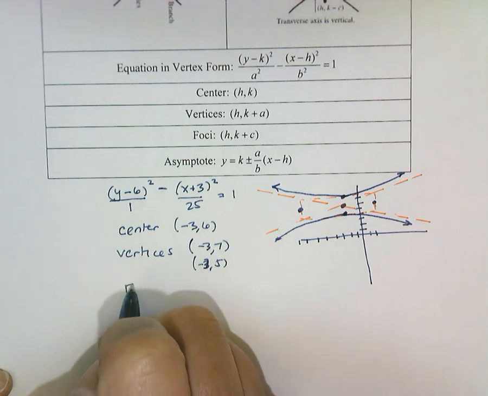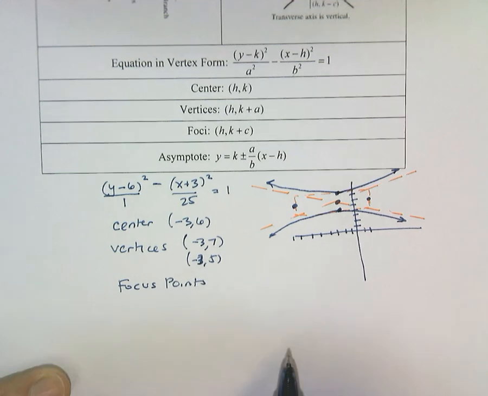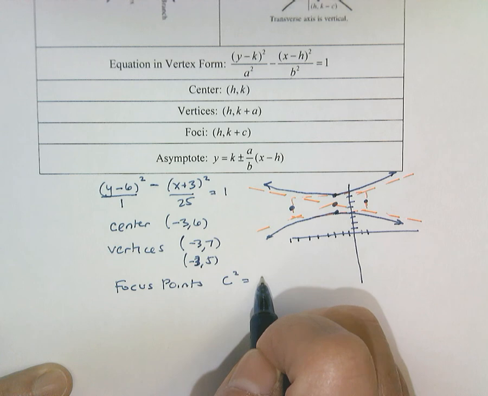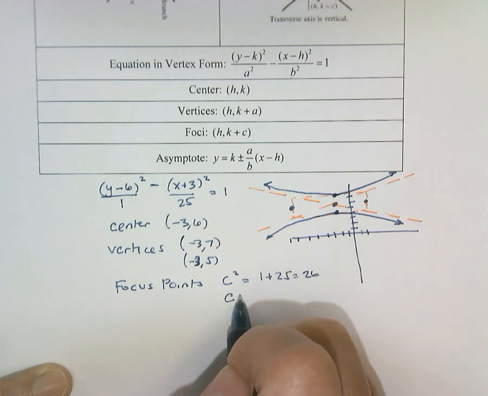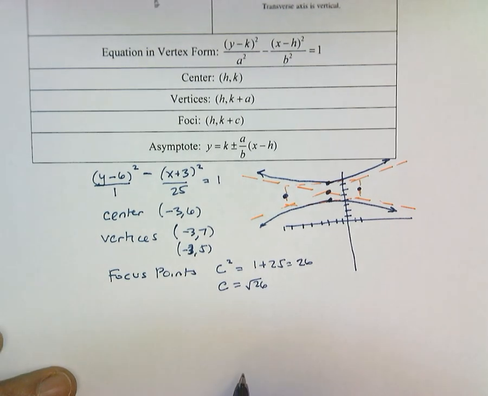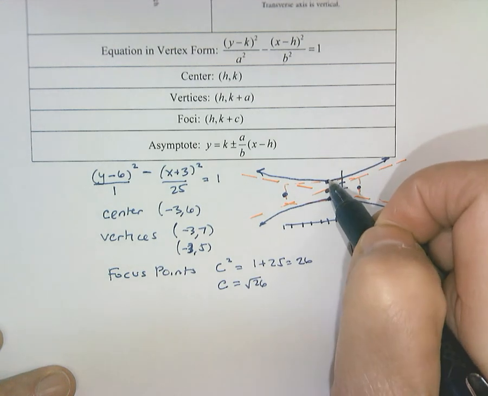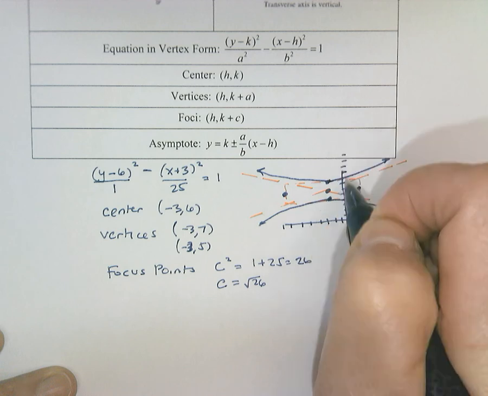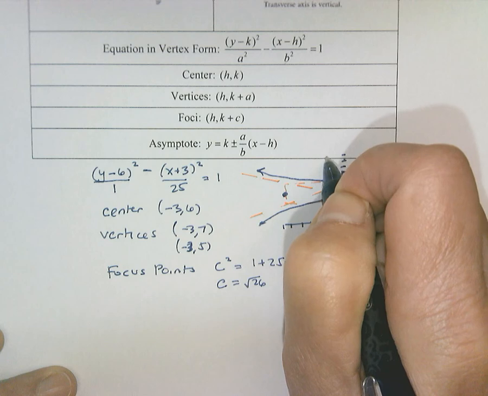I'm going to look for my focus points. So c squared is equal to a squared plus b squared, so 1 plus 25. So c is going to equal the square root of 26, which is just a little bit over 5. So that means I have to go up just a little bit over 5 from the center. 1, 2, 3, 4, 5, about right there.